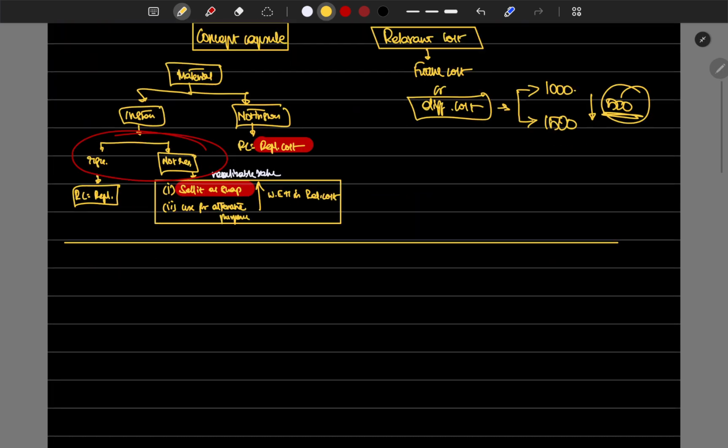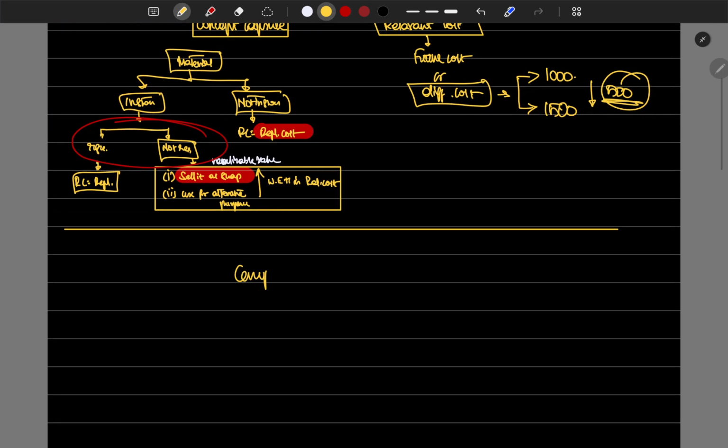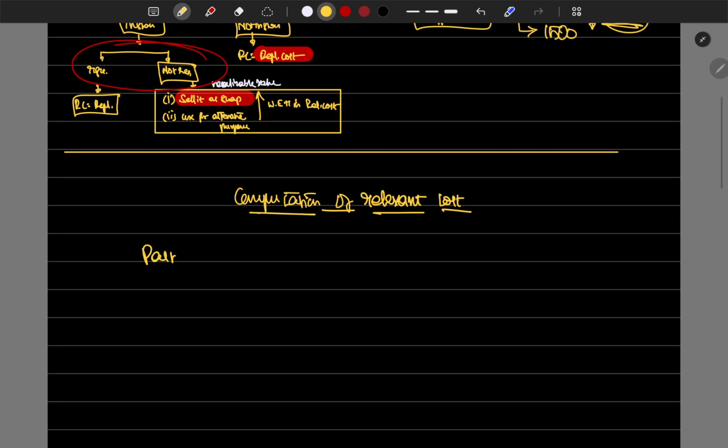Let's start with the computation of relevant cost. Particulars, workings, relevant cost.